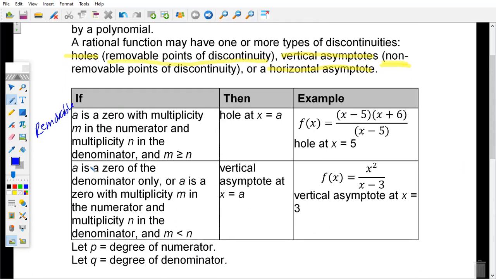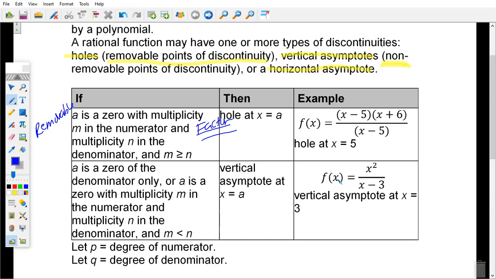And how do you know if you have a removable discontinuity? Basically, if you factor the numerator and denominator, and they have a common factor, then that's where your removable discontinuity is.